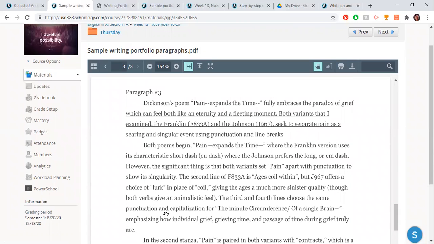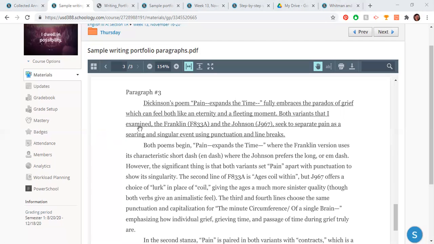Paragraph number 3 is a comparison of Dickinson's poem, Pain Expands the Time. So if we look at the annotation, it says pain expands the time, fully embraces the paradox of grief, which can feel like both an eternity and a fleeting moment.